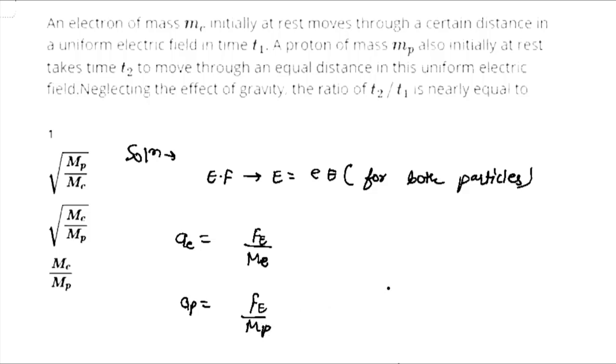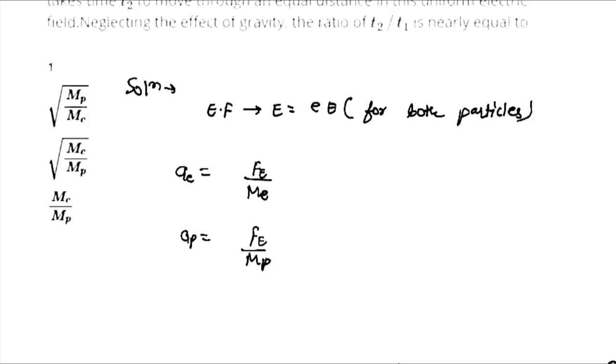Okay, so if we find, S will be equal to half ae t1 square, and S will also be equal to half ap t2 square.